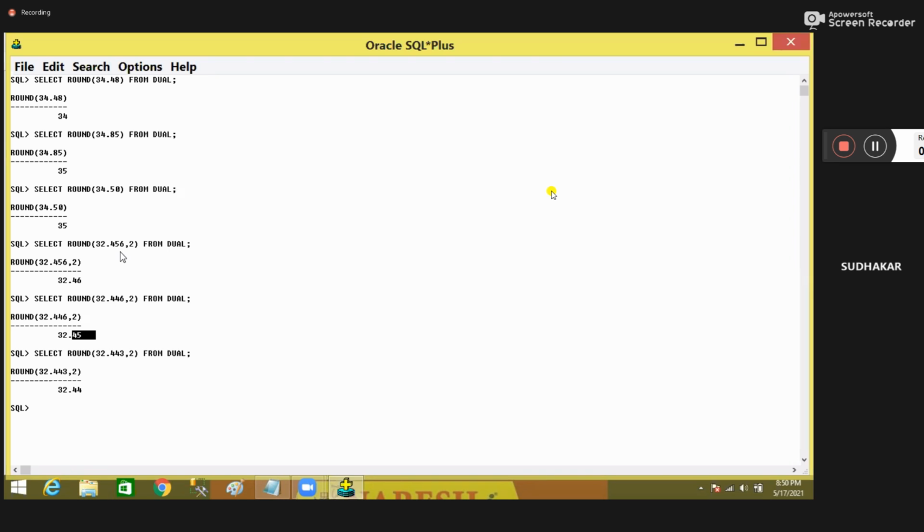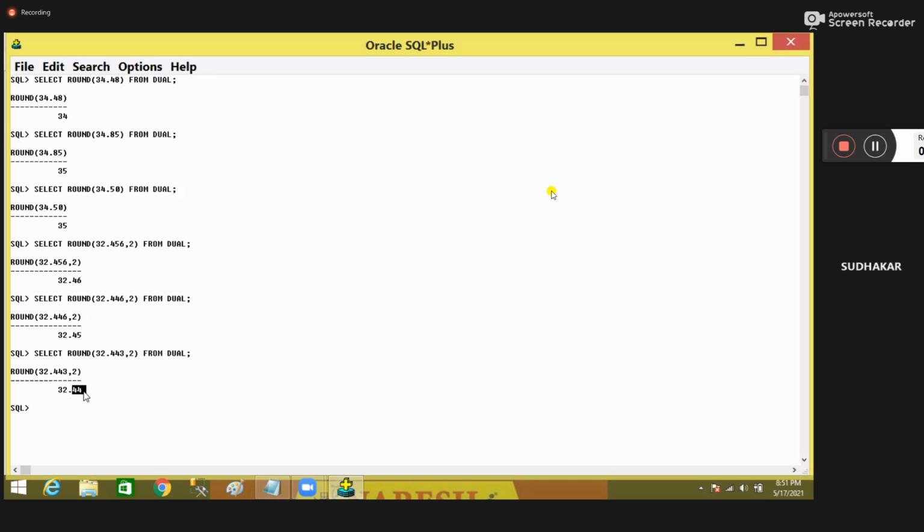Because after two decimals, 6 is there, and 6 means above 0.5, so 1 is added. But here 3 is less than 0.5, so not adding 1, just 0 is added. So 44 plus 0 is 44.